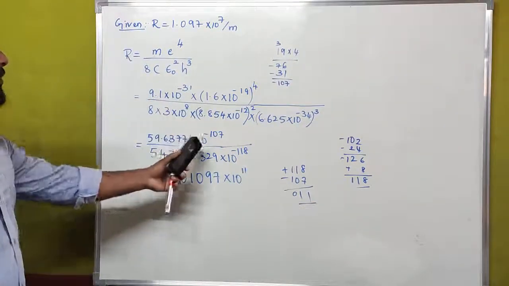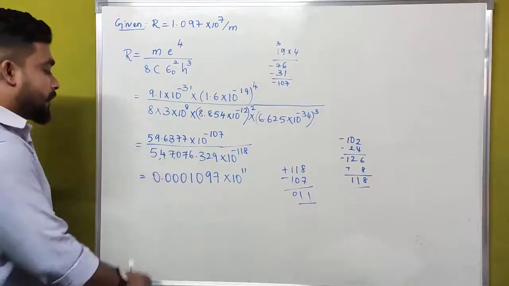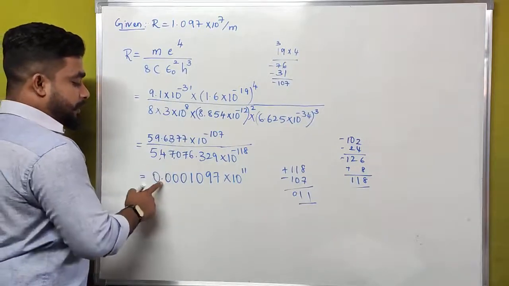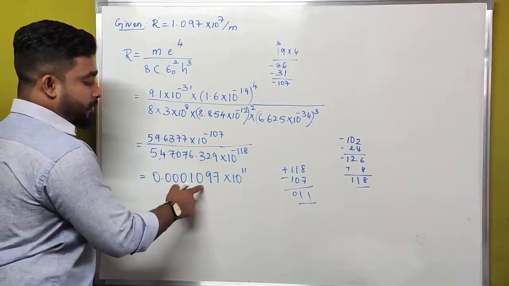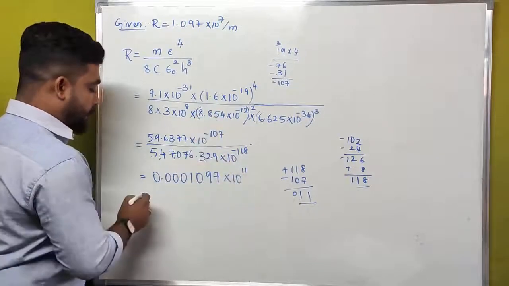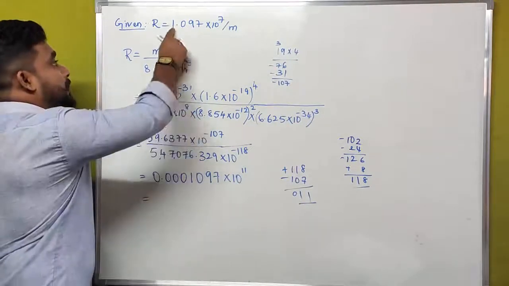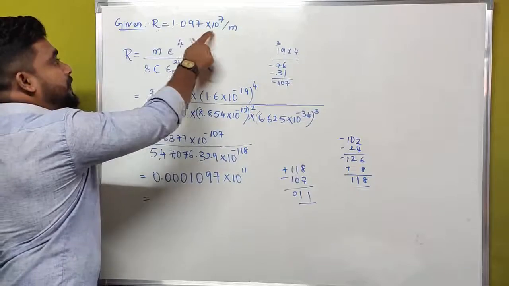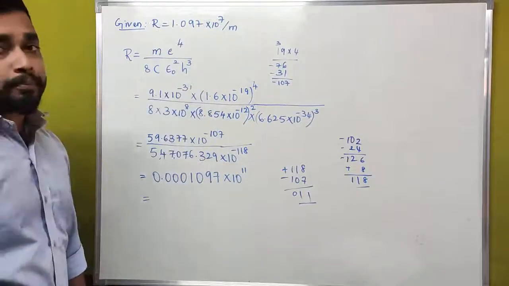This is the calculation of numerator and denominator. If we divide this by this, we will get 0.0001097 into 10 to the power of 11. But here we have the Rydberg constant in terms of 10 to the power of 7 per meter.